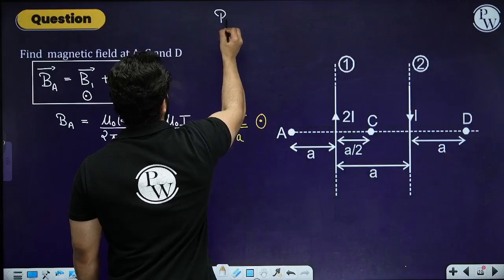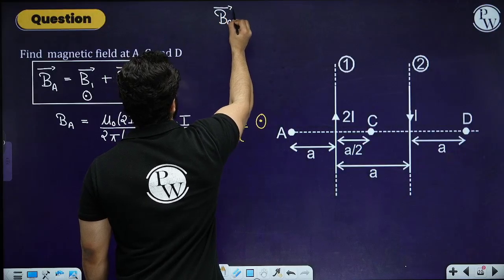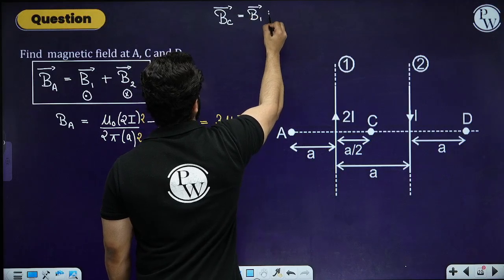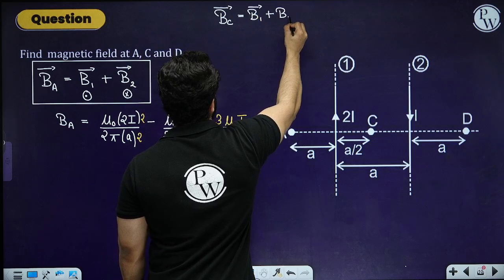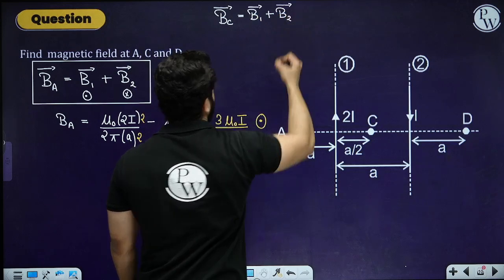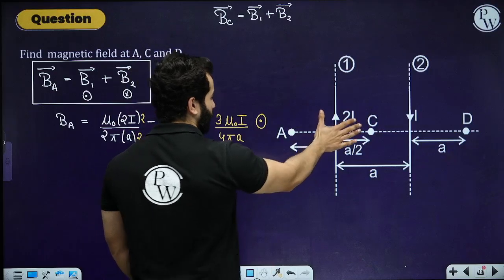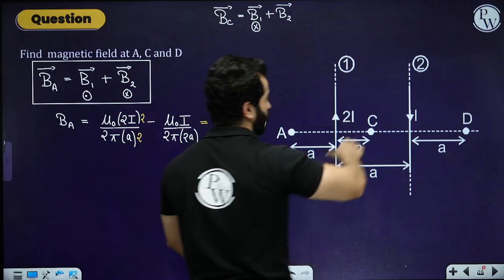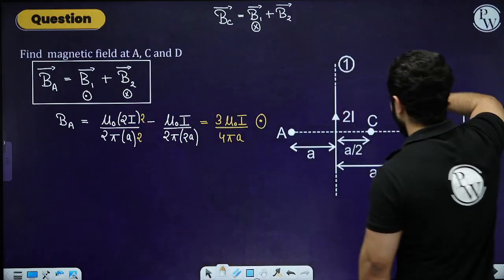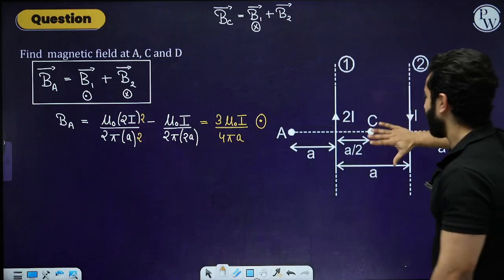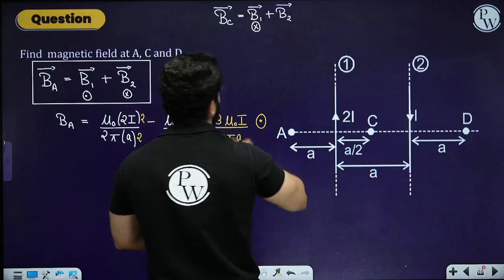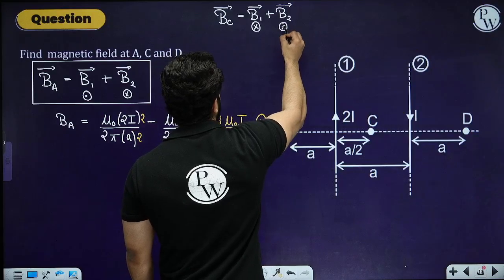So magnetic field at point C, again it will be because of the vector sum of magnetic field due to wire 1 and magnetic field due to wire 2. Because of wire 1 it will be cross. Because of wire 2 it will also be cross. See, for 1 it is cross and for 2 also it is cross. So you are going to simply add them.